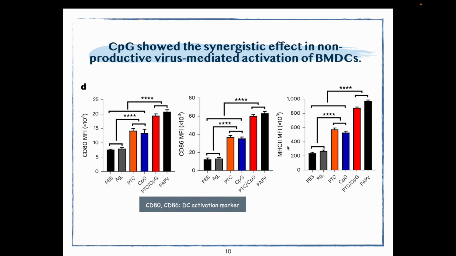We can see that AG1 alone cannot induce DC activation. PTC or CpG alone lead to around two-fold improvement. The PTC virus pretreated with CpG group and the PAPV group induce the highest capacity of DC activation.